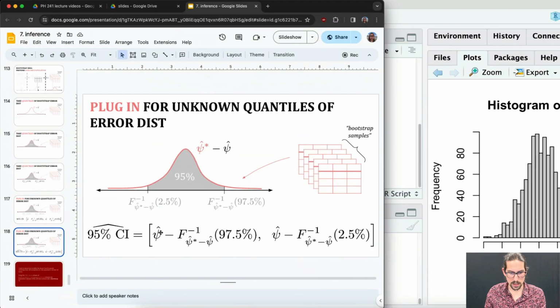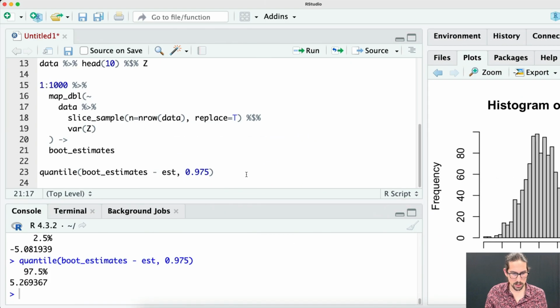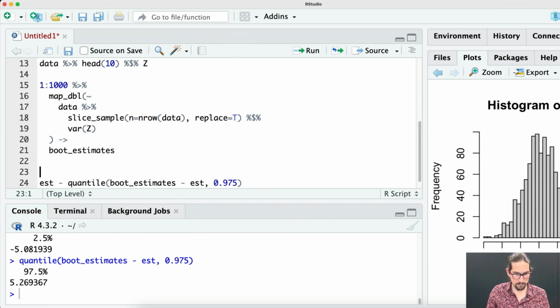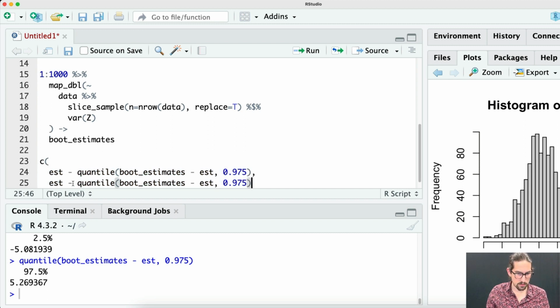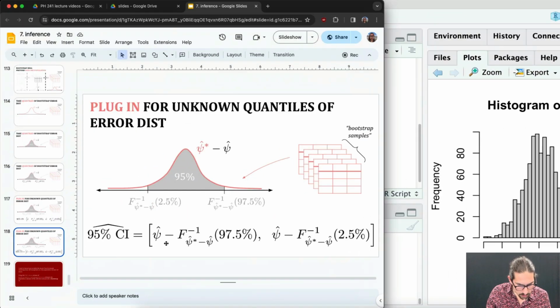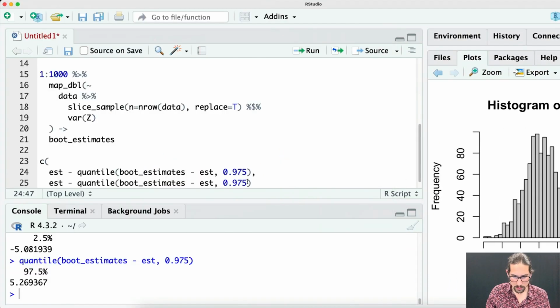And so here we need to get the estimate minus that quantile. My CI is going to be that, and the upper is the estimate minus the other quantile.